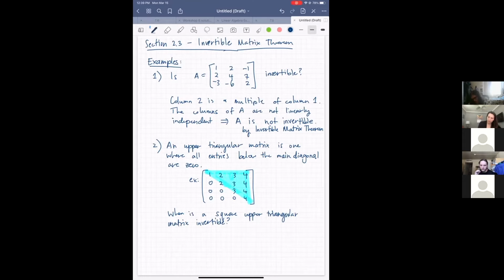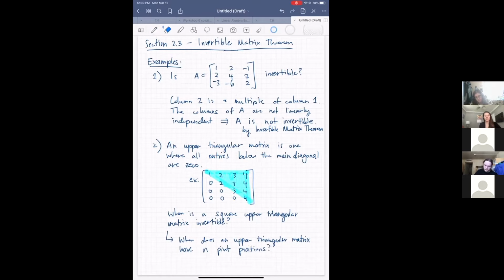So another way of phrasing this question, we can rephrase it as when does an upper triangular matrix have n pivot positions?